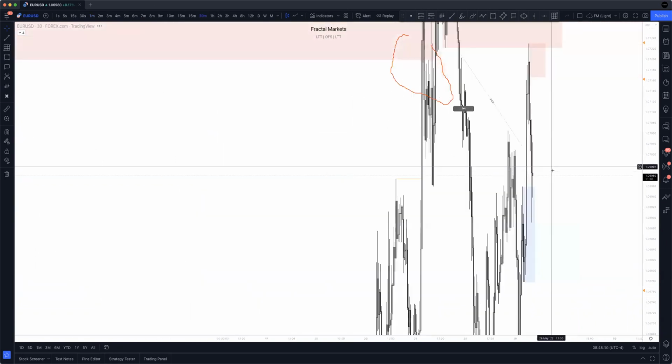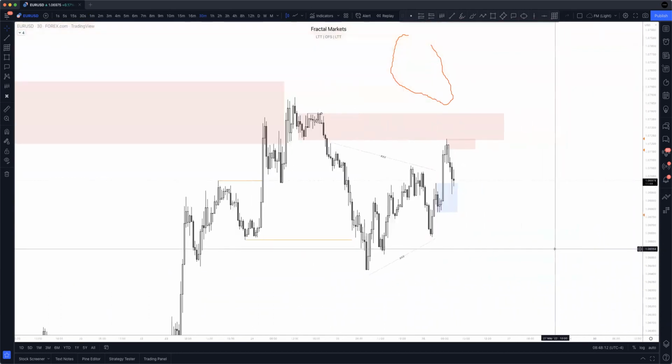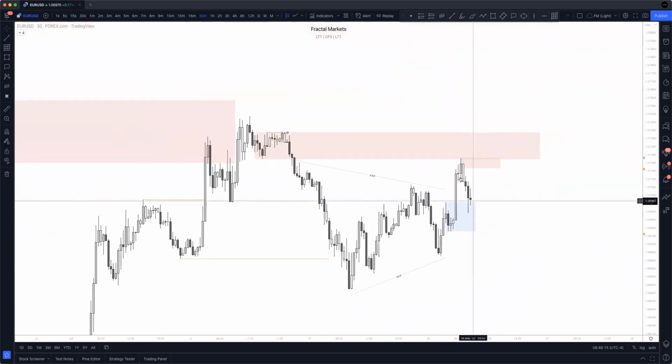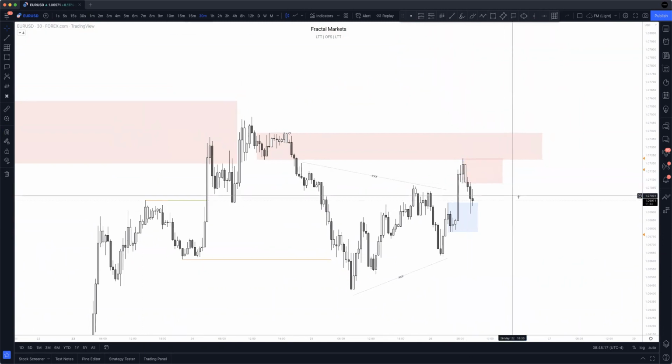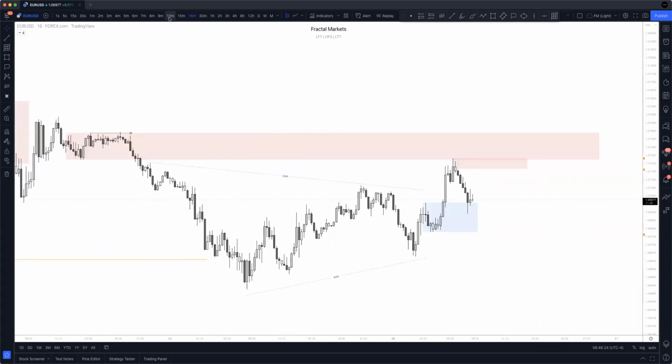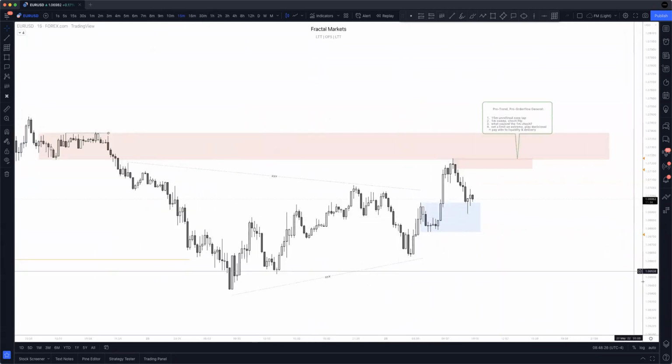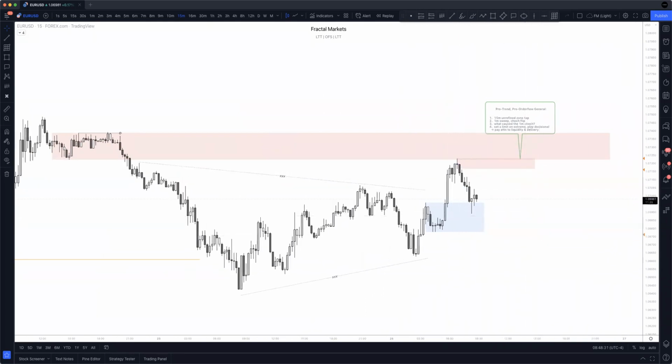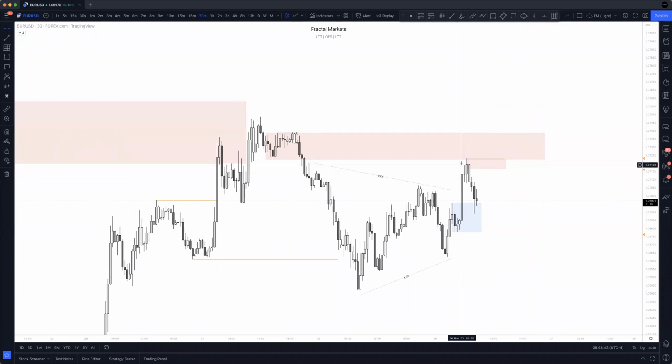Is there a 30? Yeah, we can do this. This is the one that gets fully engulfed, right? If you look at your POI flow chart, POI should come from a buy to sell or sell to buy candle that is fully engulfed by the next candle. Let's go to the 30. It's not engulfed, right?